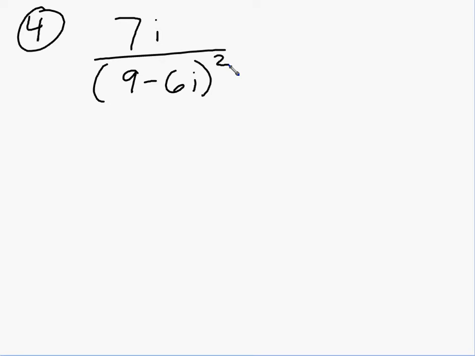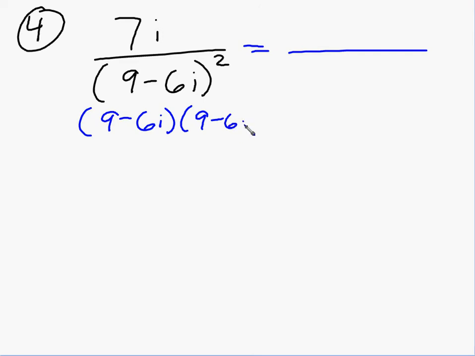You want to go ahead and multiply out this denominator, which, remember what this means. We know the square of a binomial shortcut, which says I square the first one, 81, I square the last one, plus 36i squared. 9 times 6 is 54, times 2 is 108i, and it's going to be negative.